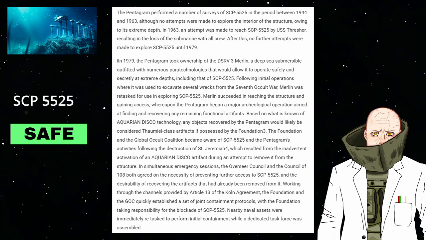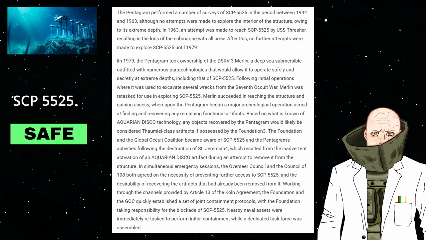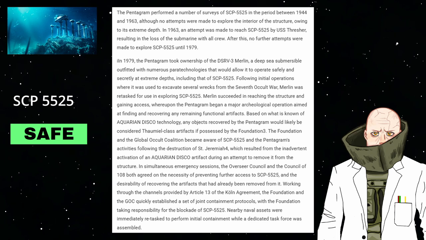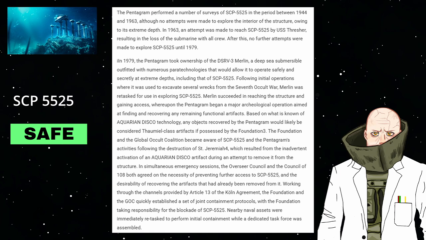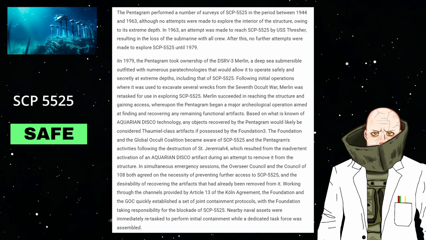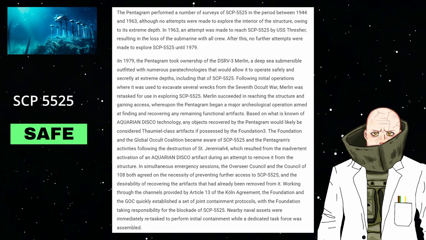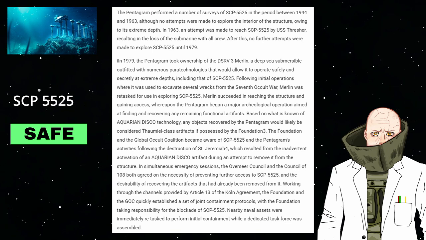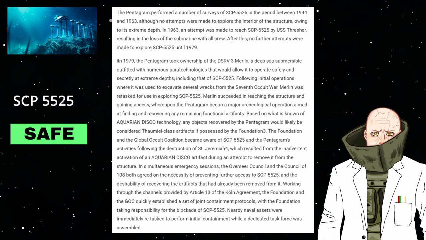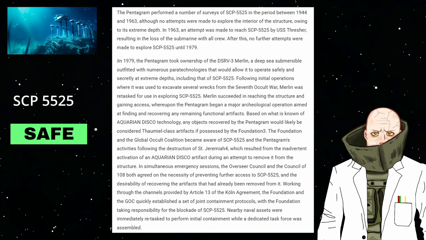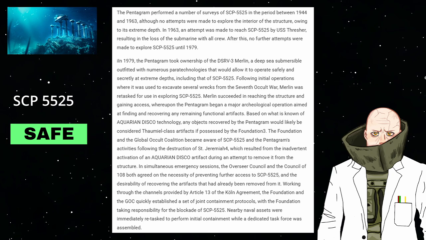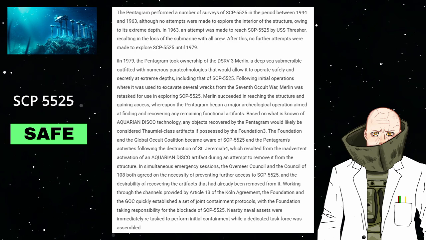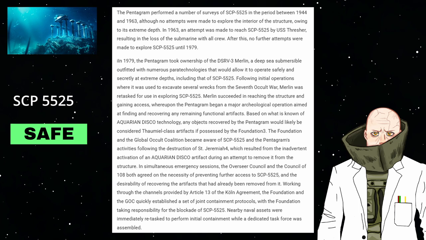In 1979, the Pentagram took ownership of the DSRV-3 Merlin, a deep-sea submersible outfitted with numerous paratechnologies that would allow it to operate safely and secretly at extreme depths, including that of 5525. Following initial operations, where it was used to excavate several wrecks from the 7th Occult War, Merlin was retasked to exploring 5525.